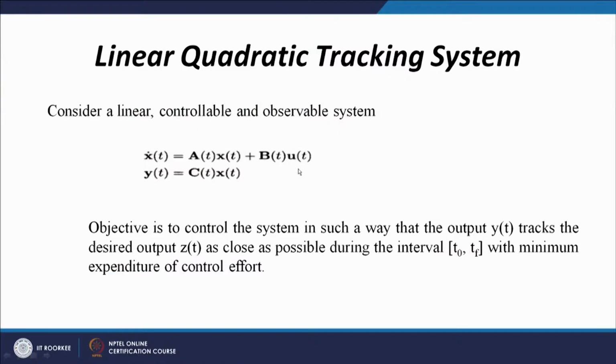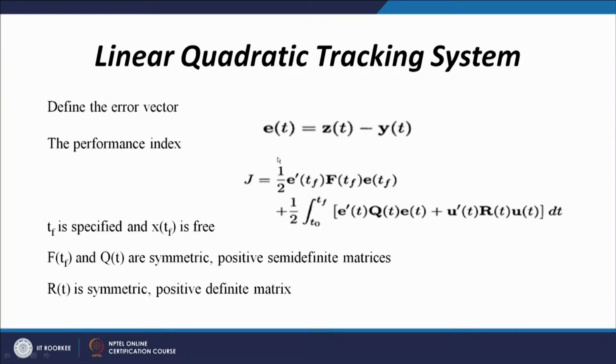My objective is, for a given plant, to find the optimal control law which will minimize the performance index J. Ultimately we are trying to minimize the error E and the control effort U, with the terminal error E prime T f, where T f is specified in this case and x T f is free.